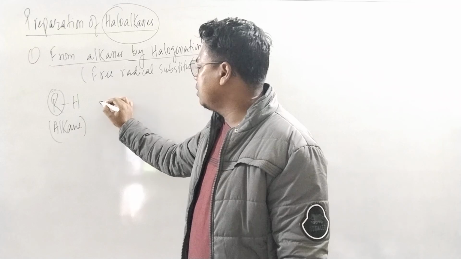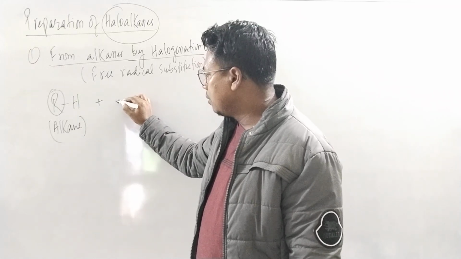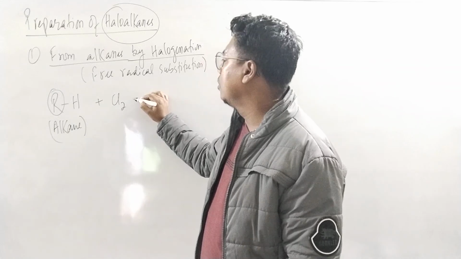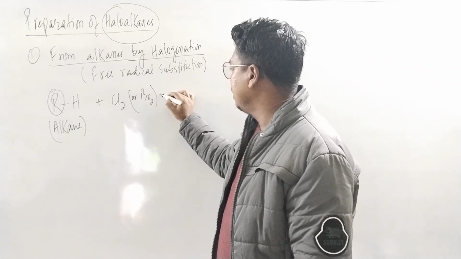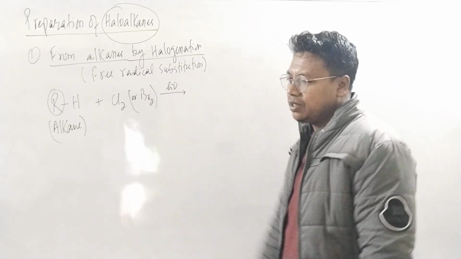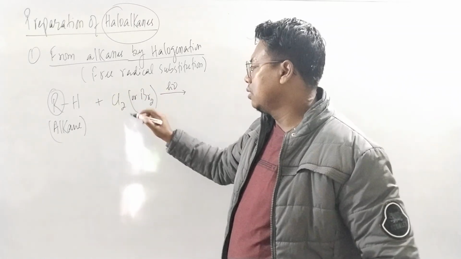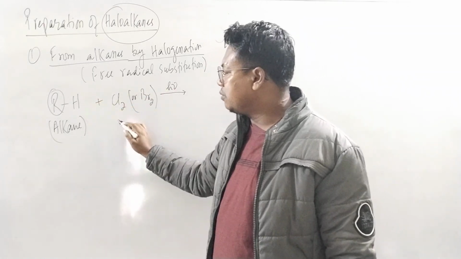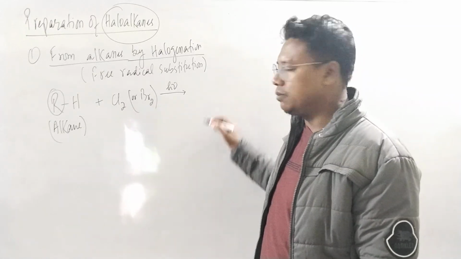When this is reacted with chlorine or bromine in presence of light, or this reaction mixture can be heated at high temperature, then this hydrogen is substituted by one of these chlorine atoms or bromine atoms.